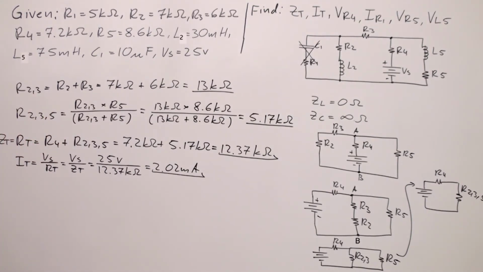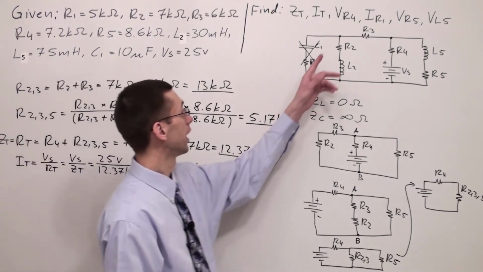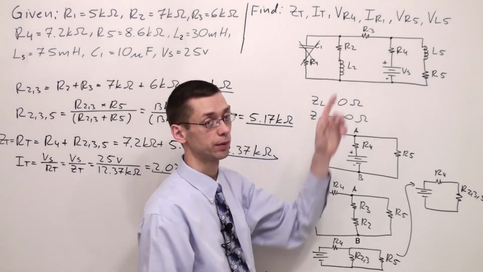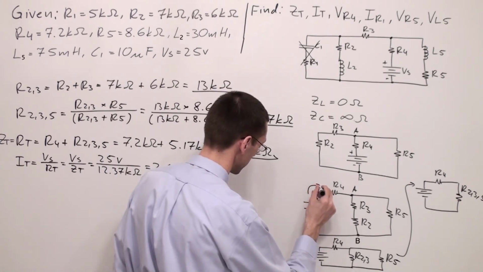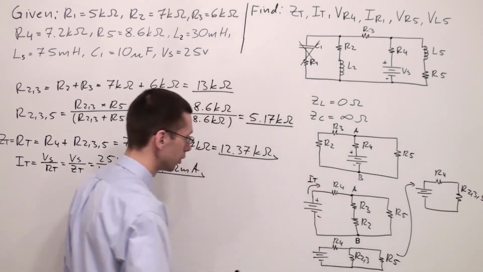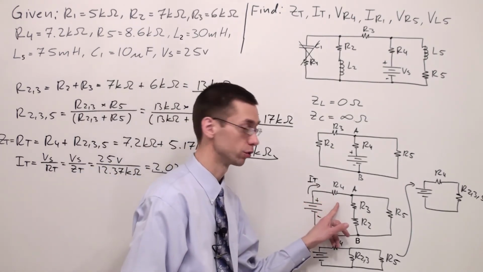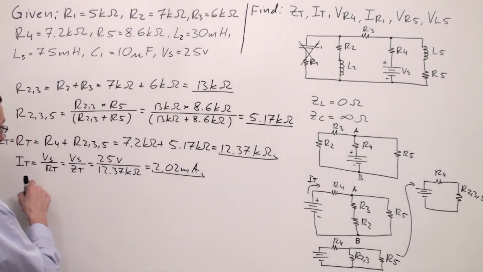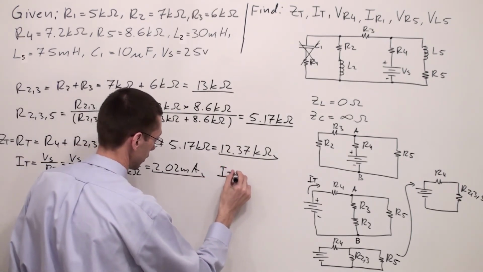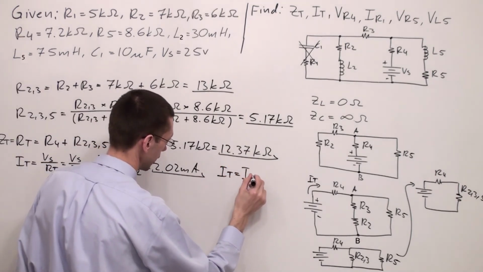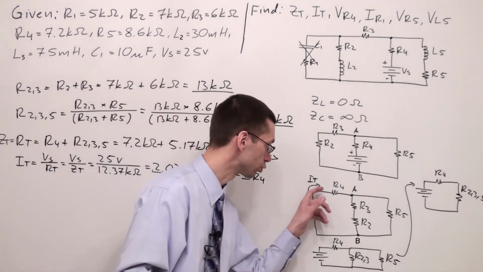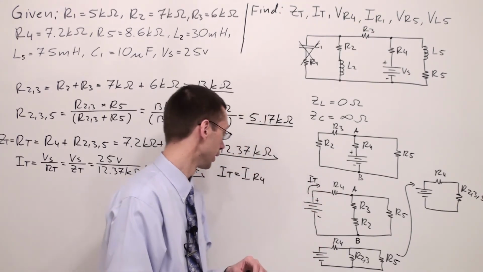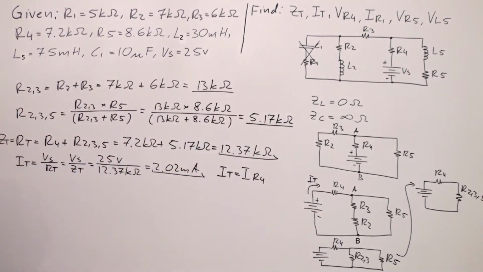We're supposed to find the voltage across resistor R4. If you want to find the voltage across this resistor, you're supposed to realize that the current I total will go through resistor R4. So the current I total is also equal to current IR4, because as I said, I total goes through resistor R4. So in order to find voltage, I'm supposed to use Ohm's law.